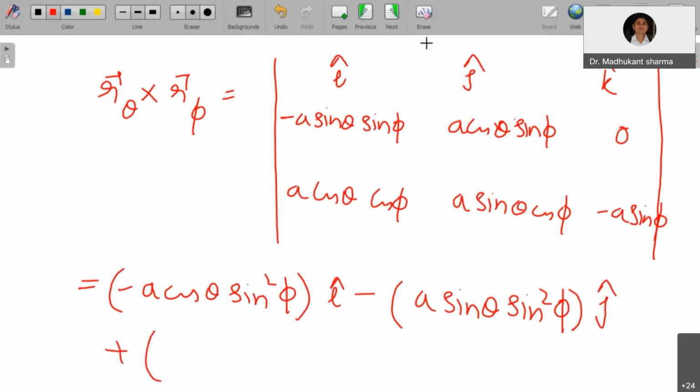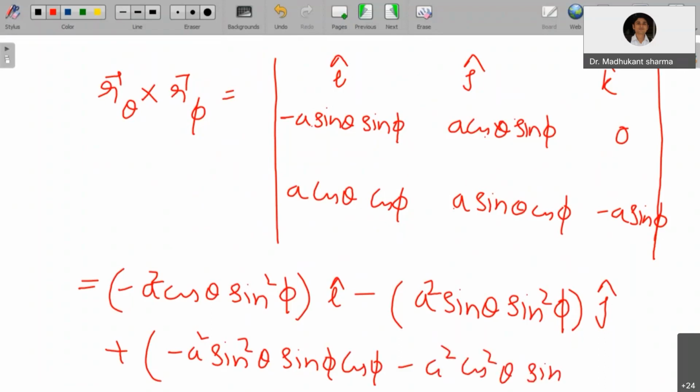Plus k cap is minus a square sine square theta sine phi cos phi, and you have minus a square cos square theta sine phi cos phi k cap.